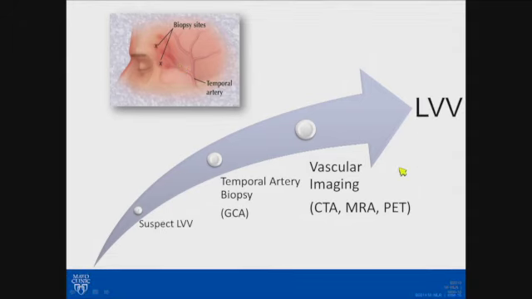But again, imaging now, so we're using radiology techniques, being able to get pictures of these blood vessels to look for inflammation, is very helpful in terms of complementing, say, a biopsy, but also sometimes is the way that we can establish a diagnosis, because biopsy may not be feasible, or the biopsy may not be positive. Sometimes the inflammation is not all the way up in the head, but is predominantly in the chest area. And so using these newer and sensitive imaging techniques with scanning, we can pick up vasculitis and make a diagnosis that way. And I'll show you some examples.